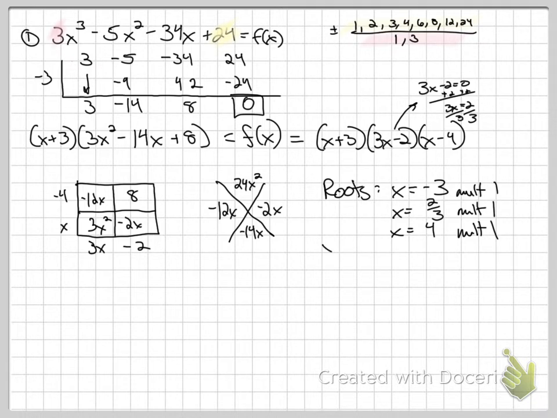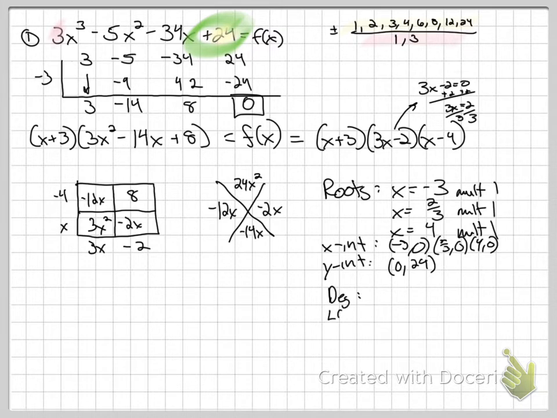Those are my roots. My x-intercepts then would be -3, 0, 2/3, 0, 4, 0. My y-intercept, I'm happy they gave it to me in standard form because the y-intercept is just the constant, 0, 24.